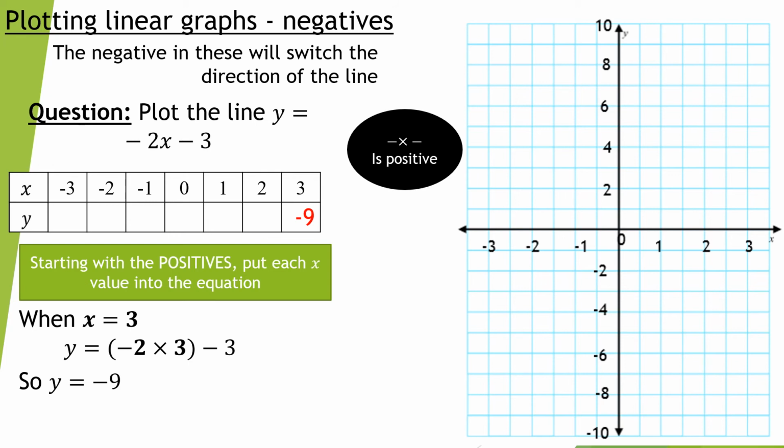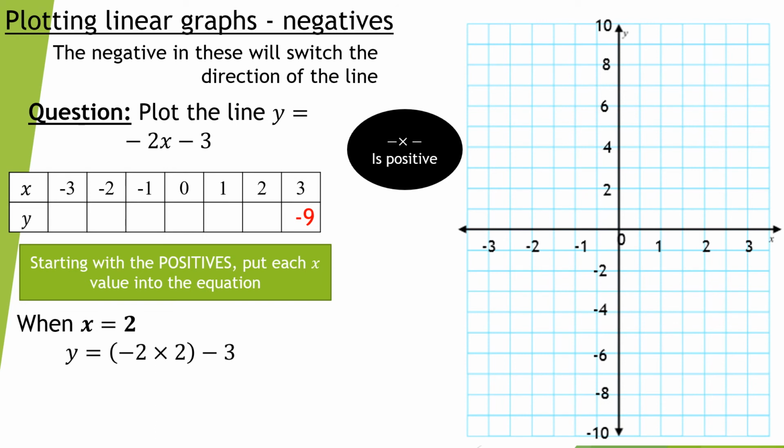Again, for the second one, when x is 2, we've got minus 2 times 2, which is minus 4. Take away 3, so go down again, is minus 7. And again, for the third one, we've got x is 1, so we've got minus 2 times 1, which is minus 2. Take away 3, minus 5. And now I'm just going to stop substituting in.